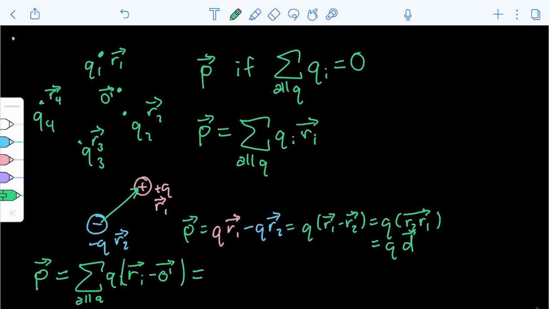So this ends up being the same as this. We can just use the distributive property to split, and then we can further split the summation.